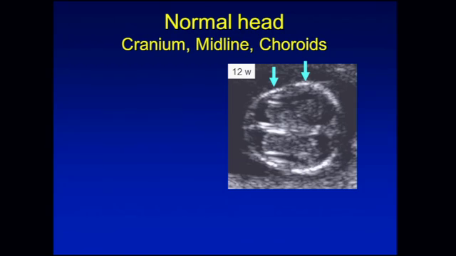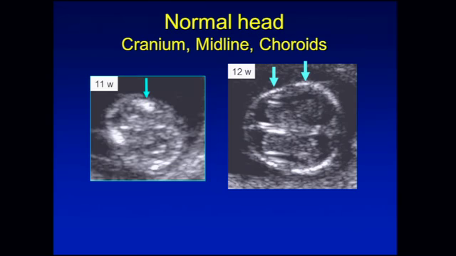We always do axial images of the fetal head to look for the cranial bone ossification. In this 12-week fetus, we can see the frontal and parietal bone ossifications. Even in a smaller fetus, for example, in this 12-week fetus, we can see the frontal bone ossification.